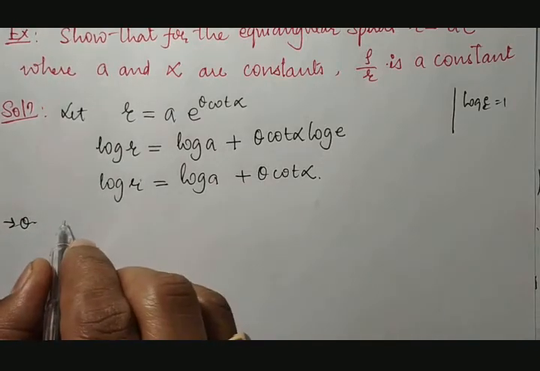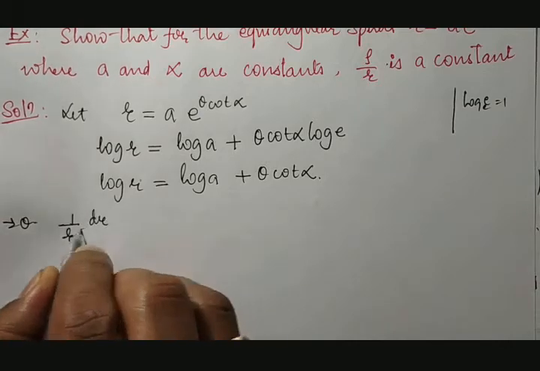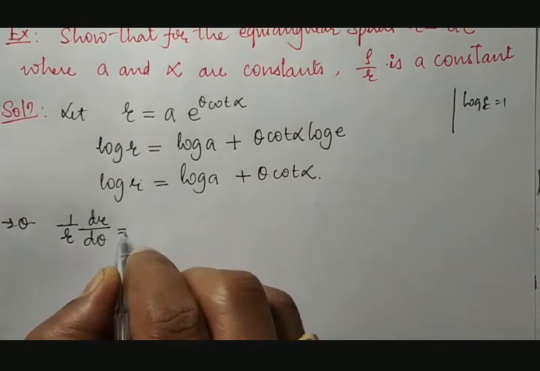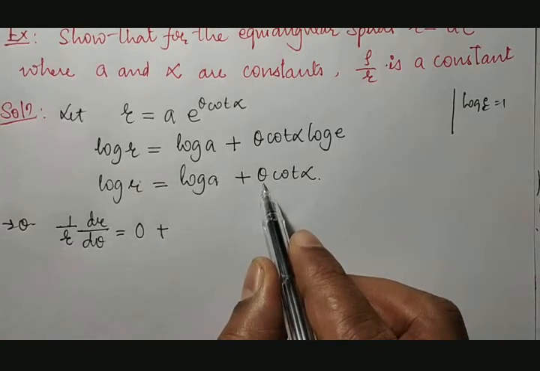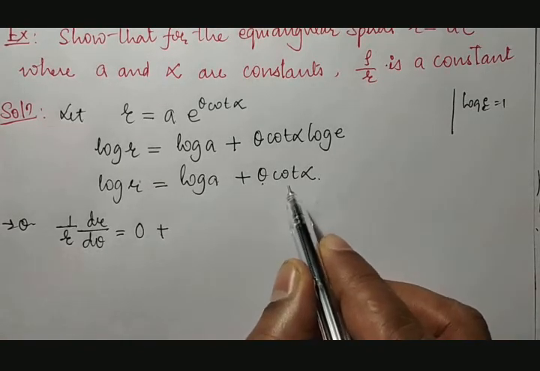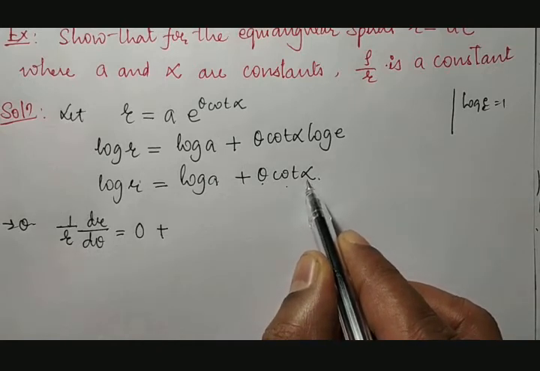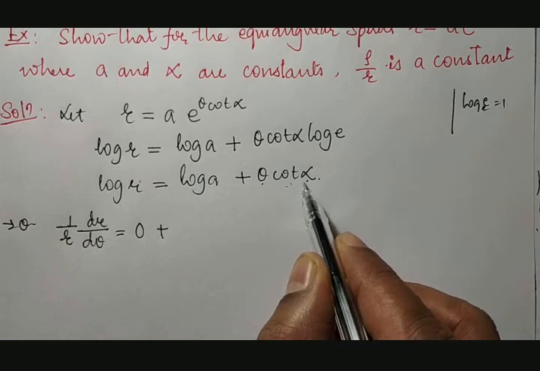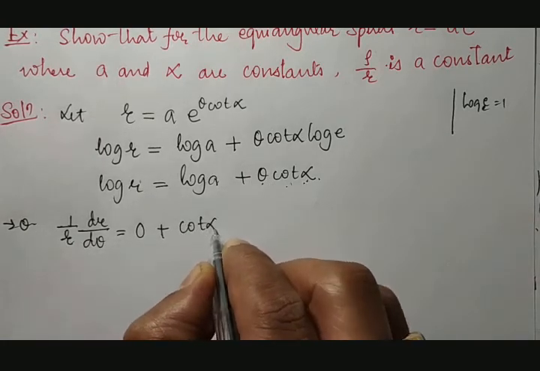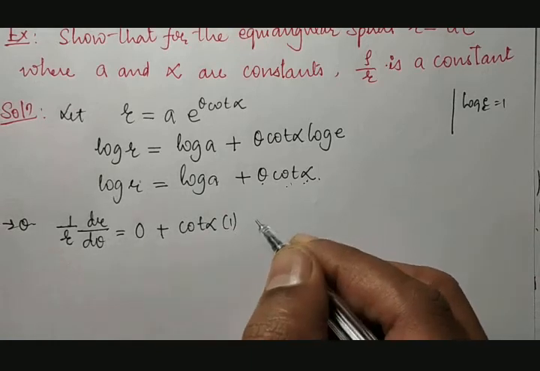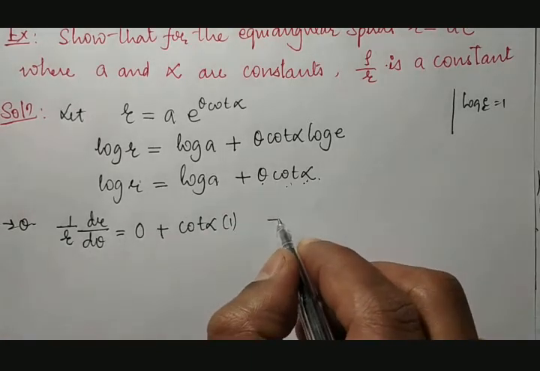Then we will be getting differentiation of log r, which is 1 by r into dr by d theta, is equal to 0 plus, if we keep theta common, differentiation of cot alpha with respect to theta will be 0 because alpha is constant. If we keep cot alpha common, the differentiation of theta is 1. Clear? This is equal to cot alpha.